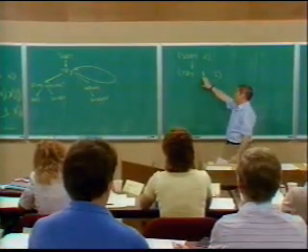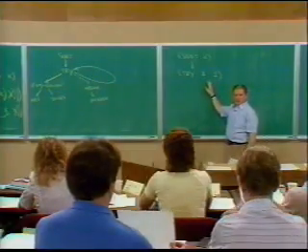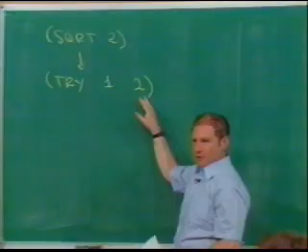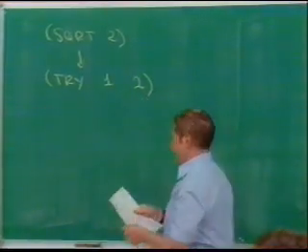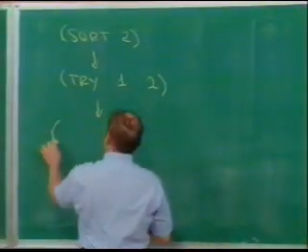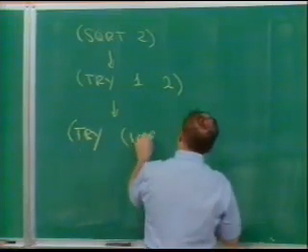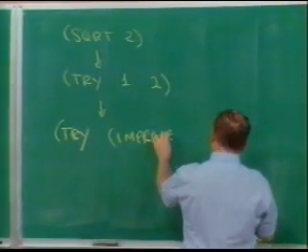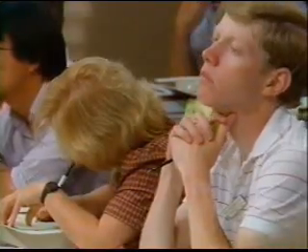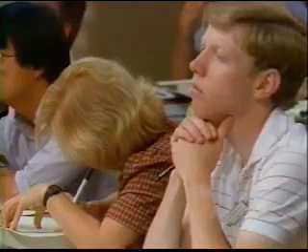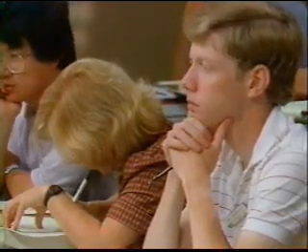That depends on the test that good enough does. And in this case, good enough will say no, 1 is not a good enough guess for the square root of 2. So that reduces to saying I have to try the improved 1 as a guess for the square root of 2.